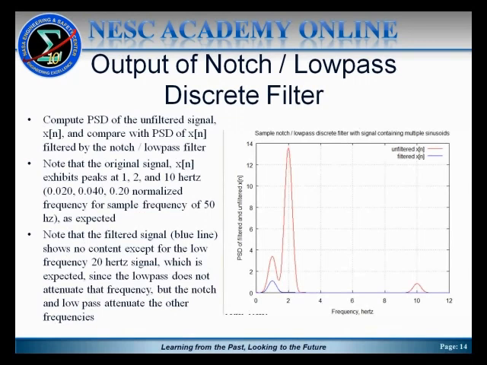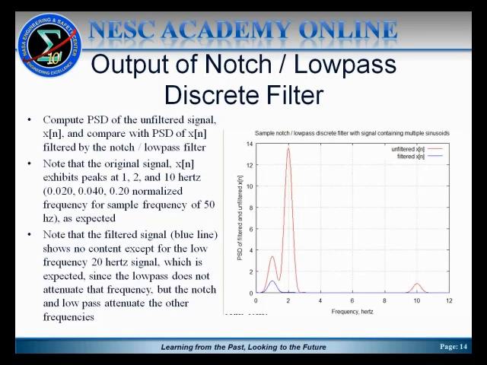The component at 1 hertz is about 3.5 units squared per hertz, and the component at 2 hertz is about 13.5 or so units squared per hertz. If you looked at the magnitude of the original input signal, the component at 1 hertz had a value of 2, the component at 2 hertz had a value of 4, and the component at 10 hertz had a value of 1.